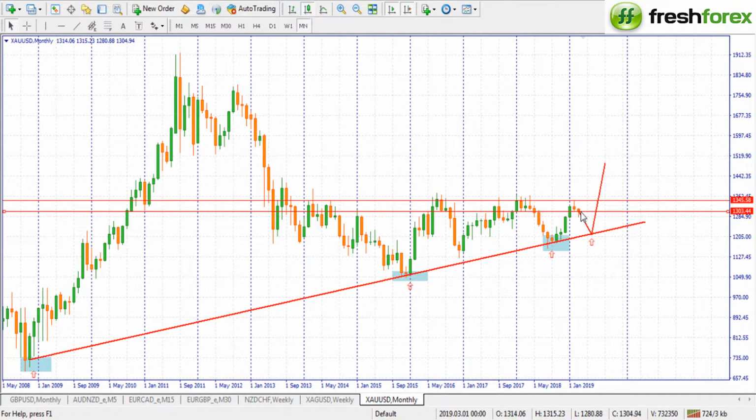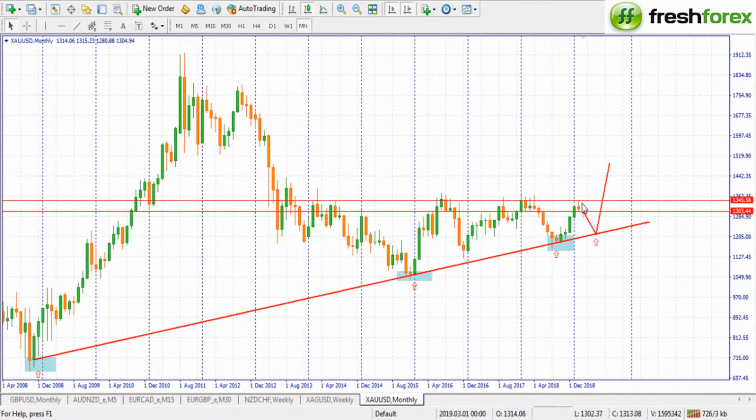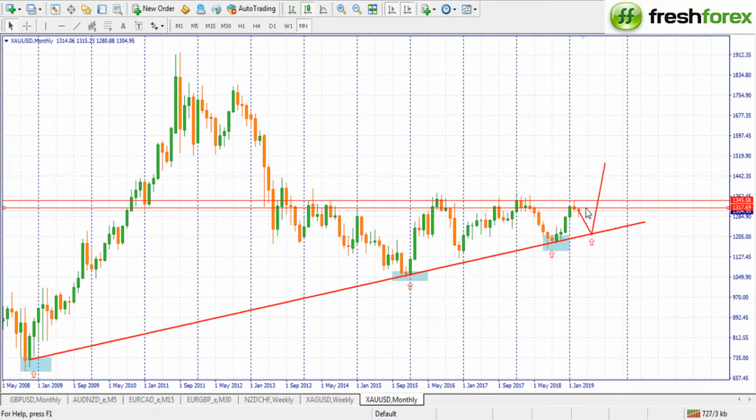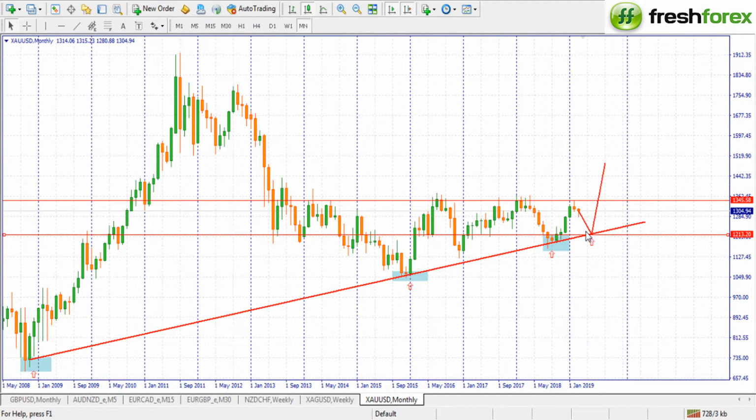If the current candle can close as a pin bar just the way it is, then this is a sign that the price is heading upwards. But it does not mean that you should come to this place and trigger a buy. That is not the meaning. It does not mean that you're supposed to buy immediately. What it means is that there are chances that we could be heading upwards, but this is not the key place to buy from. The key place to buy from is when the price is touching this trend line.